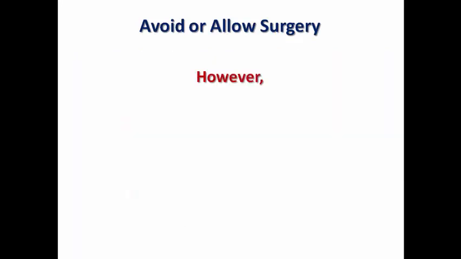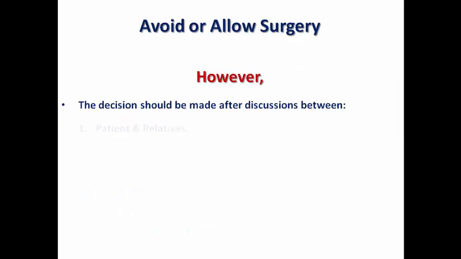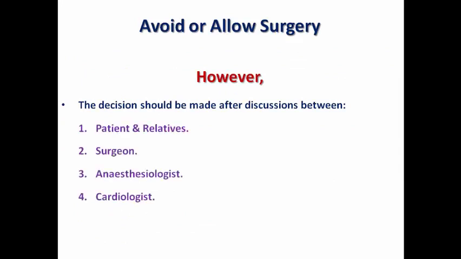But this decision should be made after discussions between the patients and relatives, surgeon, anesthesiologist, cardiologist, and geriatrician for elderly patients. So it is a difficult equation in order to choose between the surgery-related risk or leaving the patient without surgery, which may have a higher risk due to omitting the appropriate surgical procedures. So it is not an easy question to answer, avoid or allow surgery.